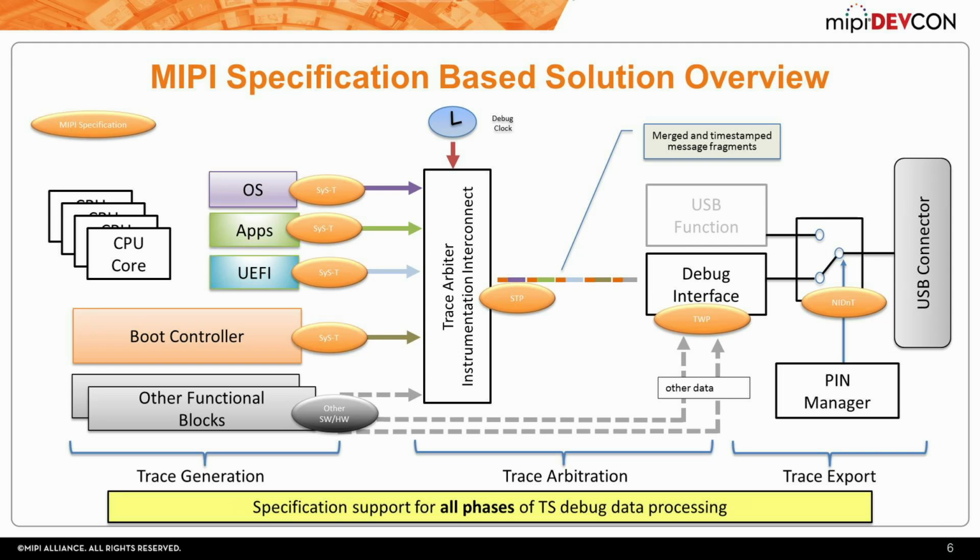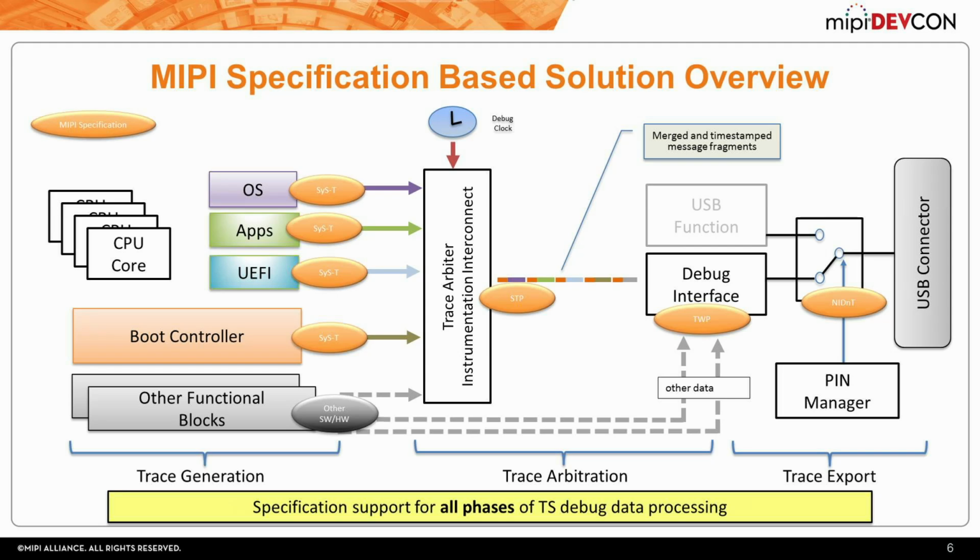On the CPU cores and the boot controller, we're executing software and firmware, and this uses the SyS-T software instrumentation specification to create trace messages that then get sent to the debug infrastructure of the SoC, called the trace arbiter here. And this is typically a module that has many inputs.